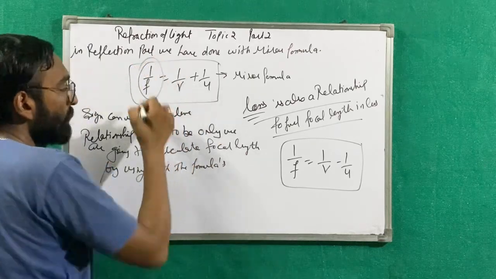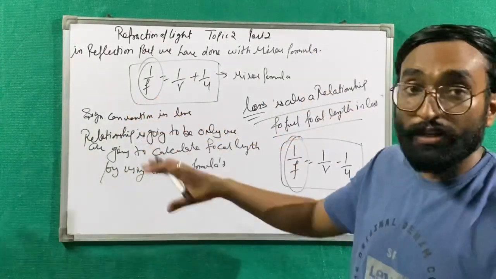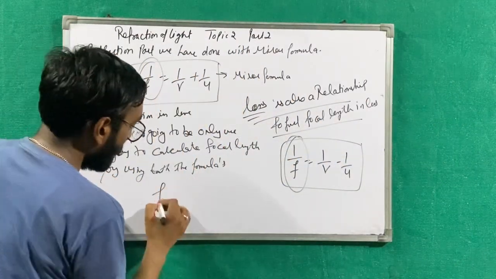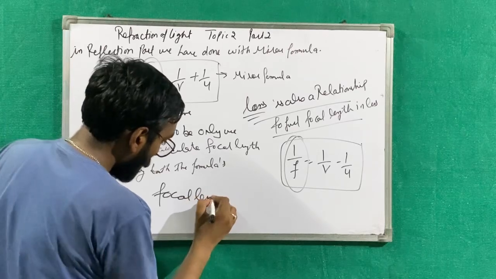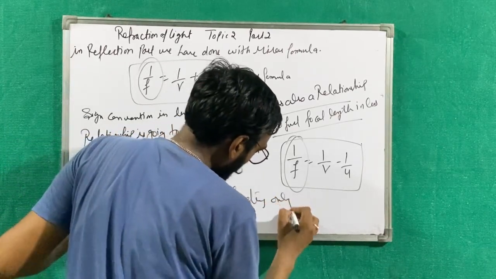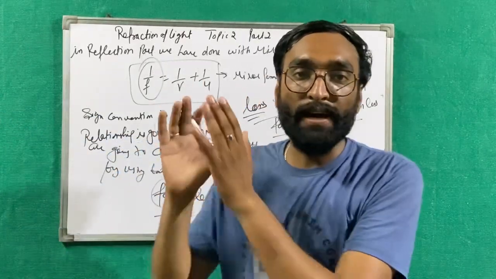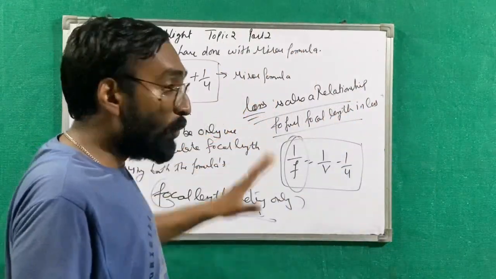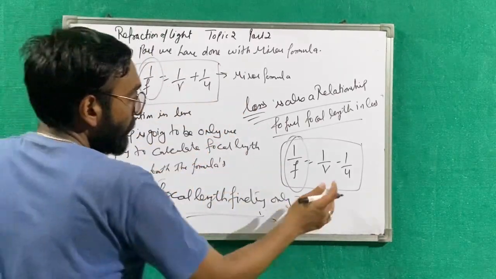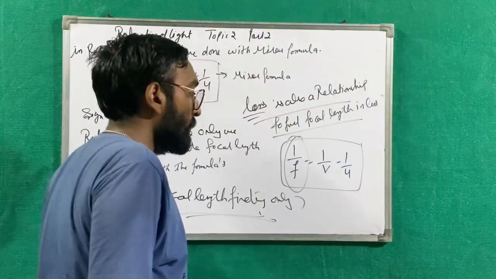In this we are going to find 1 by f, here we are also going to find 1 by f. So the relationship between them is finding the focal length only. They both help us to find focal length. So this is our mirror formula, and 1 by v minus 1 by u is going to be our lens formula.